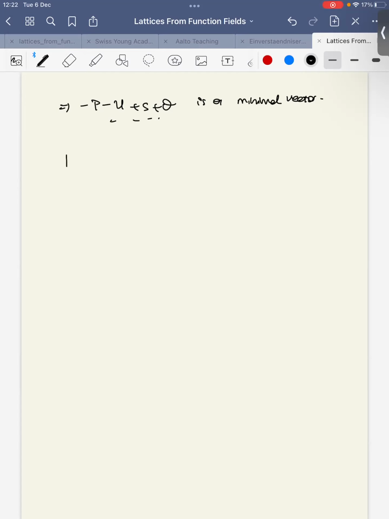And similarly, let's observe that P plus S, 2P, P plus U is equal to R plus U. So by using the definition of this equation, we can say that P plus S minus R minus U is a lattice vector.